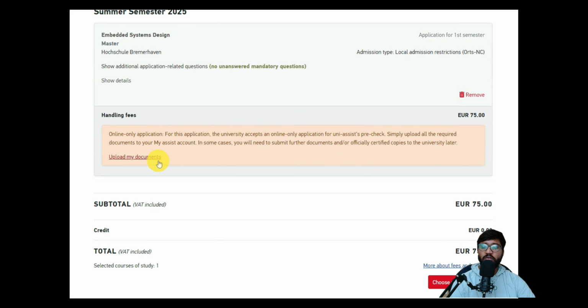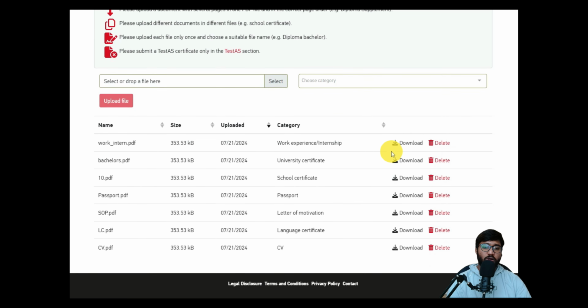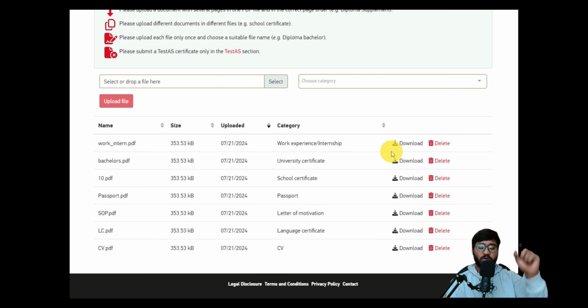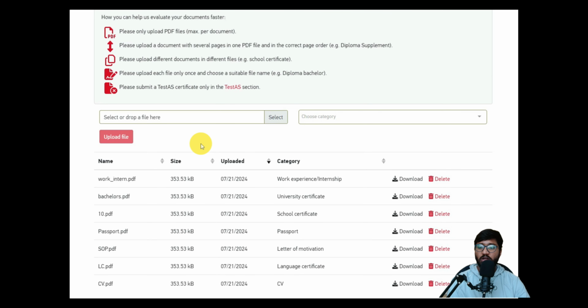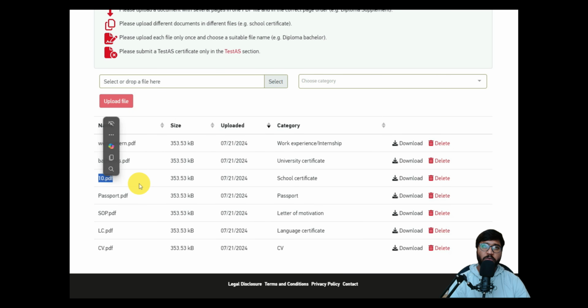After that, you have to fill in all the mandatory documents that will support your answers to the mandatory questions. So we will give our work and intern PDF, which will have our work experience and internship certificates. Then you need to attach your bachelor degree certificate with your transcript, and 10th and 12th will be our school leaving certificate, or the secondary school leaving certificate, which will also include your PUC as schooling 1 and 2.